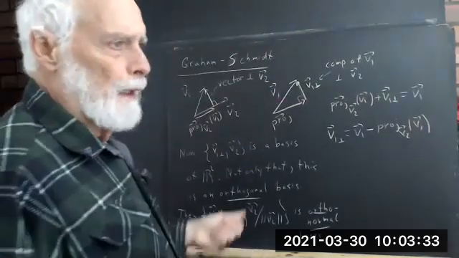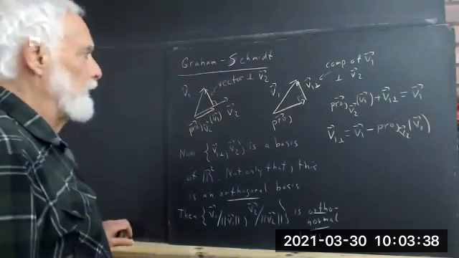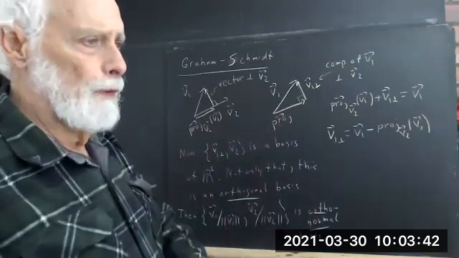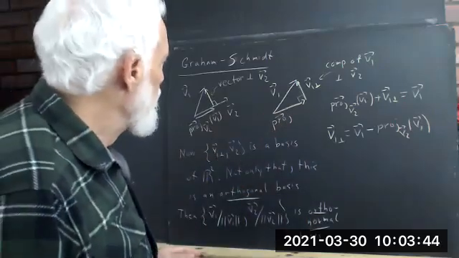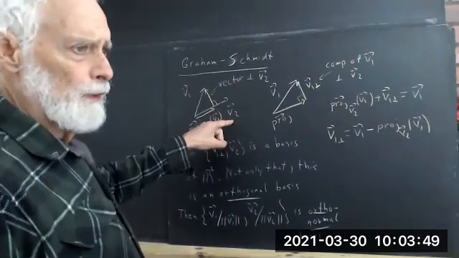Okay. Now there's one modification to the process I gave you for finding the orthonormal basis. We know we're looking for an orthonormal basis, even if we aren't. It really helps if we first normalize V2.